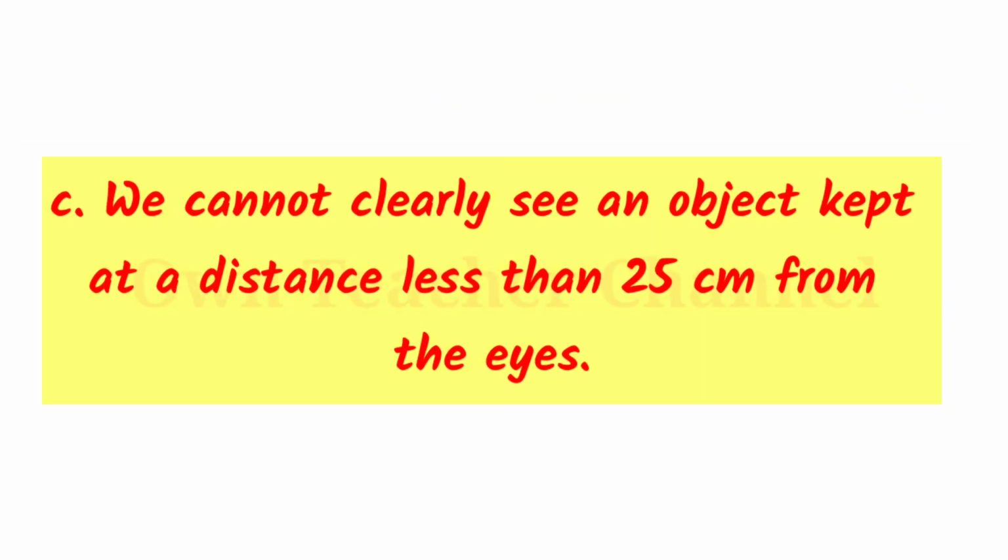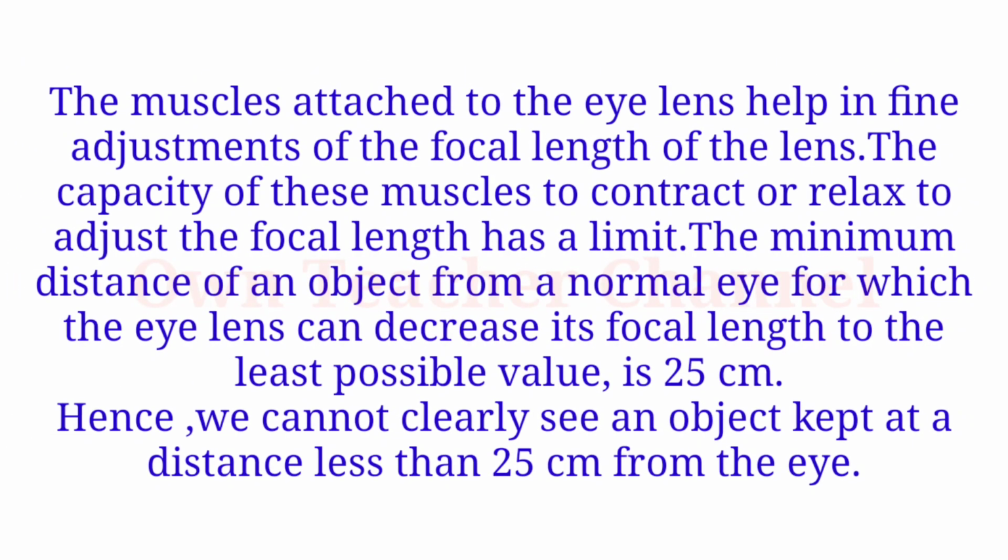C. We cannot clearly see an object kept at a distance less than 25 cm from the eye. The muscles attached to the eye lens help in fine adjustment of the focal length of the lens. The capacity of these muscles to contract or relax to adjust the focal length has a limit.